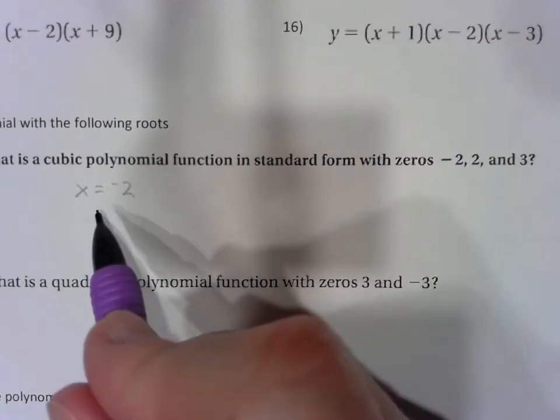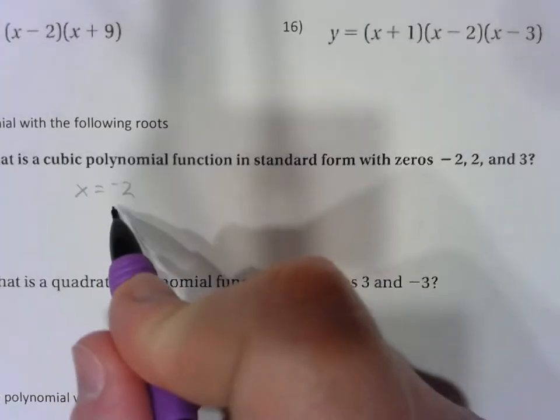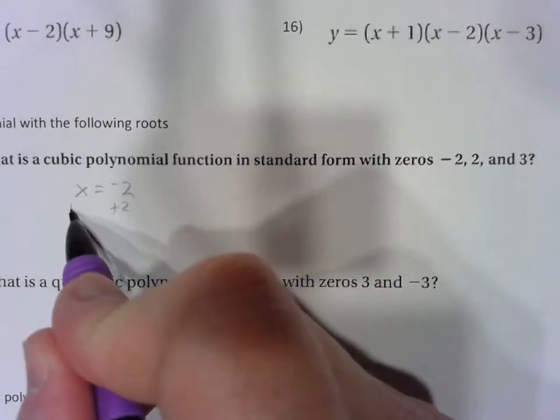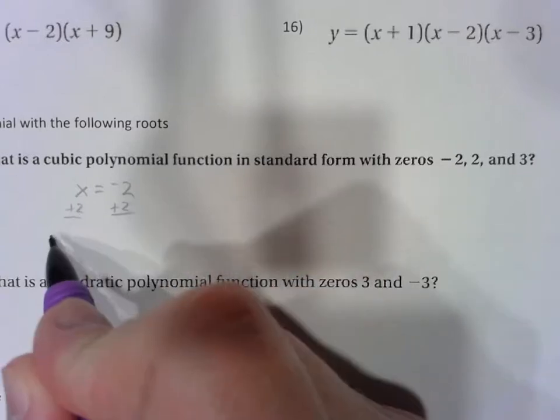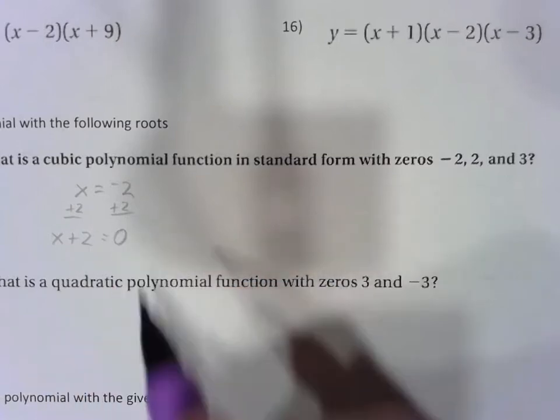Well, to get it into factored form, it means we need to set it equal to 0. So I need to move the 2 over to the side with the x to see that x plus 2 would equal 0.